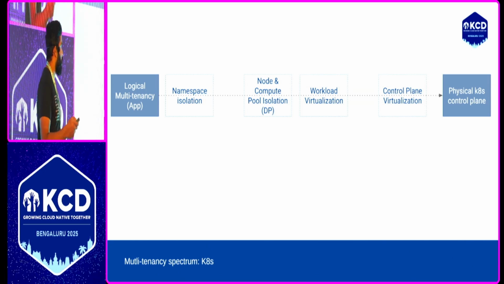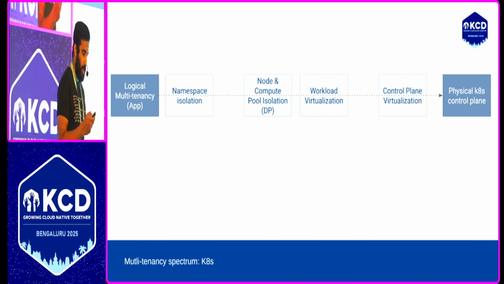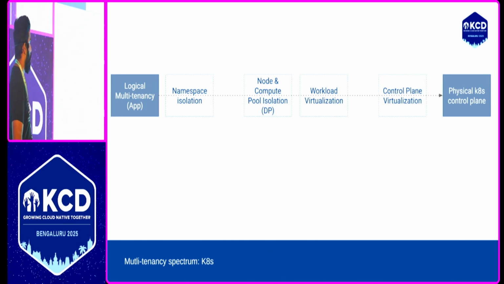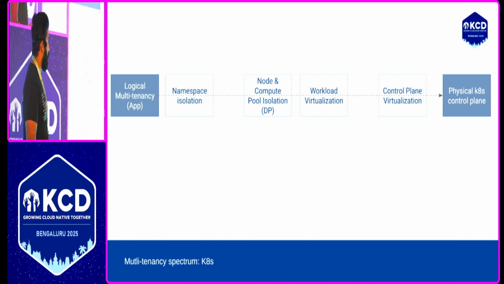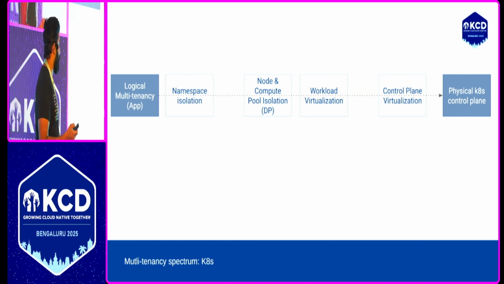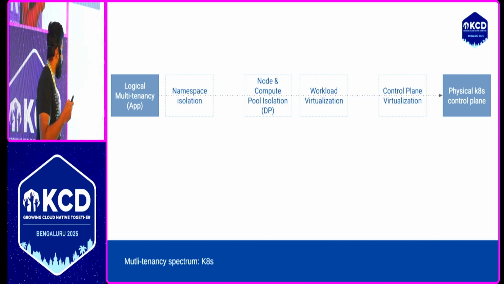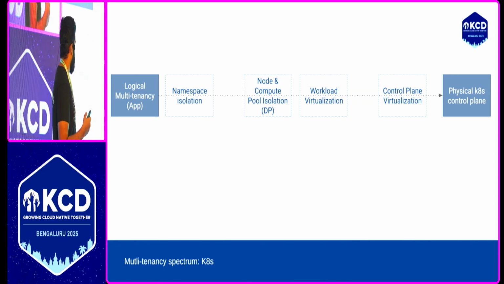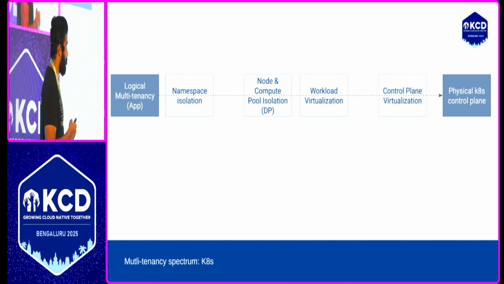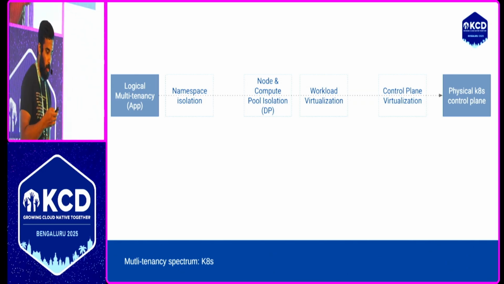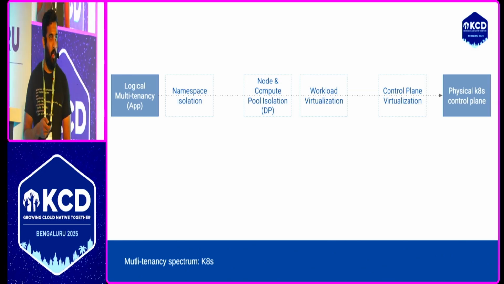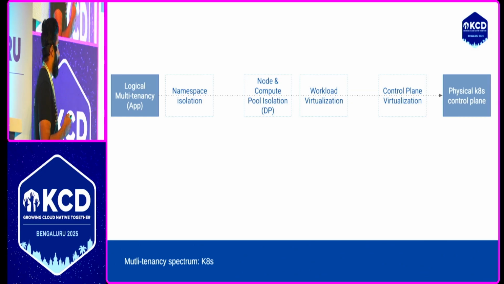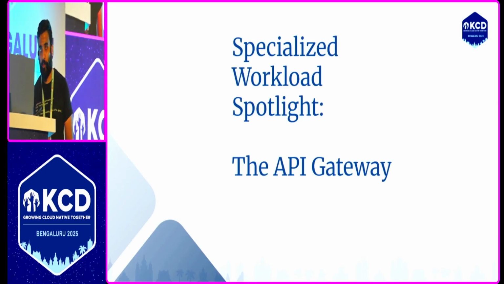And the final option is, of course, every tenant gets their own physical Kubernetes cluster, which is one cluster per tenant. But as we go across this spectrum, the complexity and also the cost in a way increases. So the simplest way is the application does everything, or if you go about having one cluster per tenant, then that's also going to increase the cost and also the management of doing it.